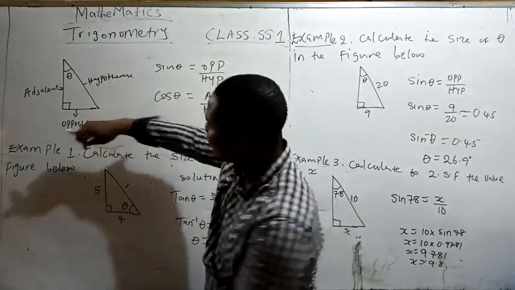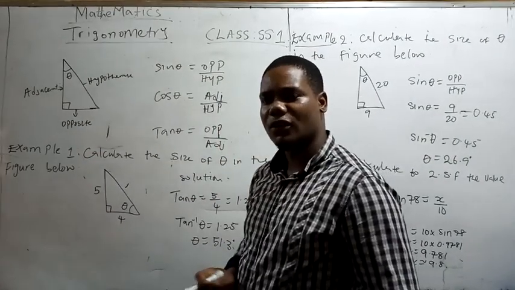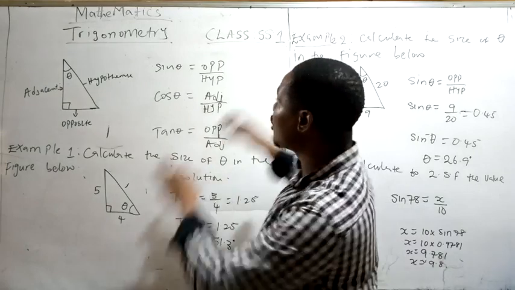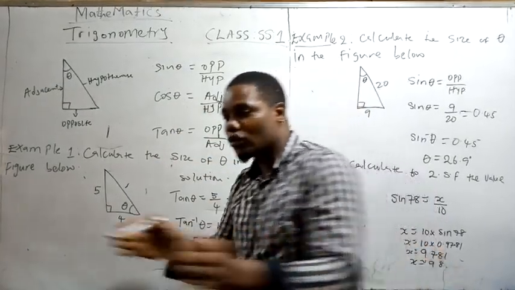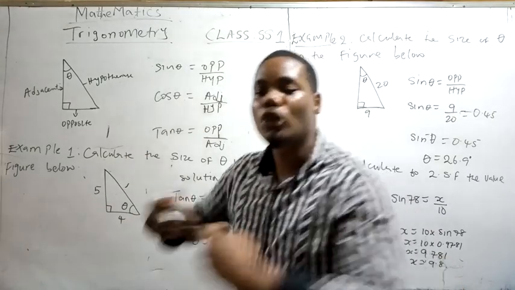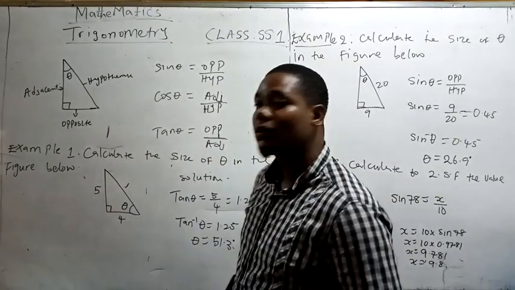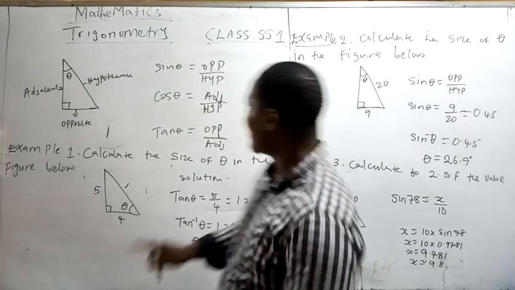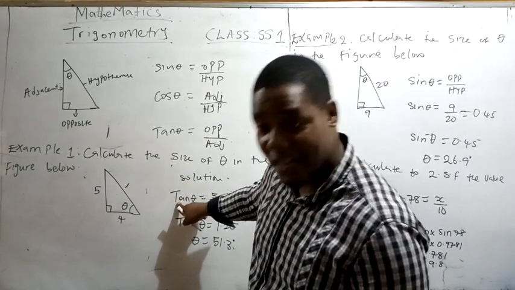Having understood that 5 is opposite, 4 is adjacent, your question now is that from the trig ratios, the sine, cosine, tangent, which we summarize to be SOHCAHTOA, which of them will I use? I have opposite and I have adjacent. Therefore, I will use my tan. Is that clear?